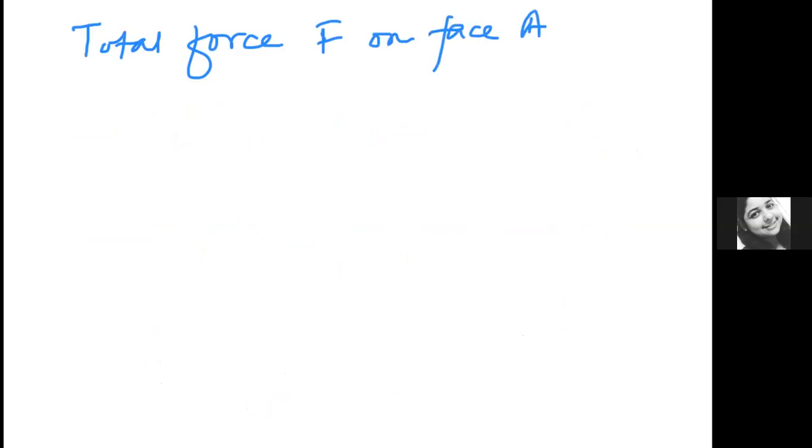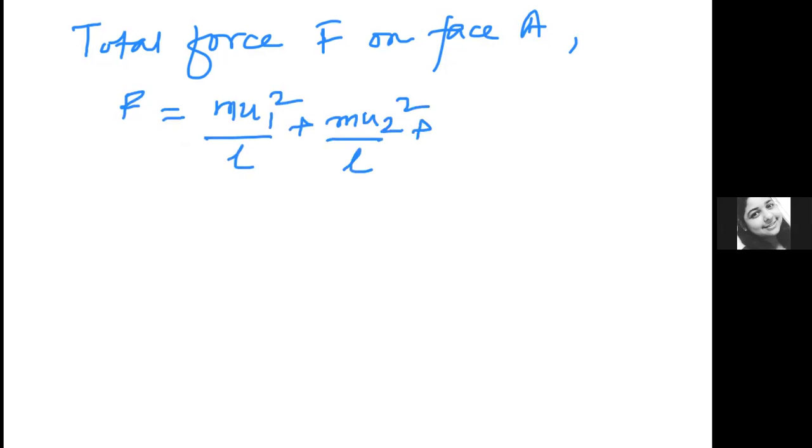Okay, so the total force F on face A of that cube is equal to mu1 square by L plus mu2 square by L plus dot dot dot mun square by L. Is it clear?